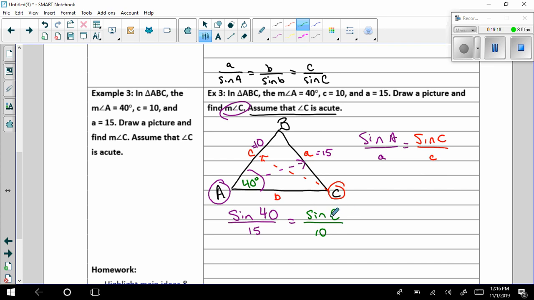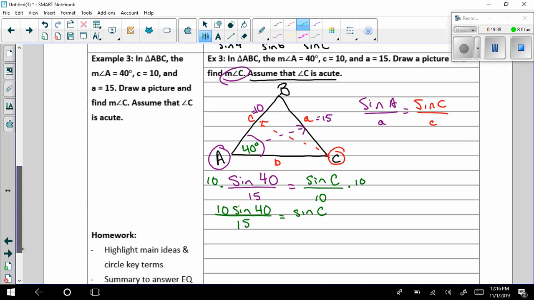So I want the sine of C, so I'm going to multiply by 10 on both sides. So I have 10 times the sine of 40 divided by 15 equals the sine of C.